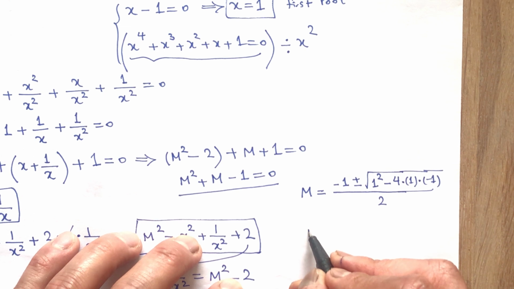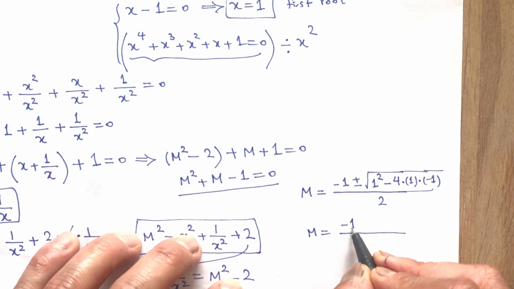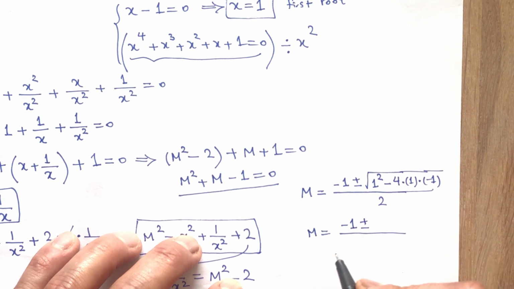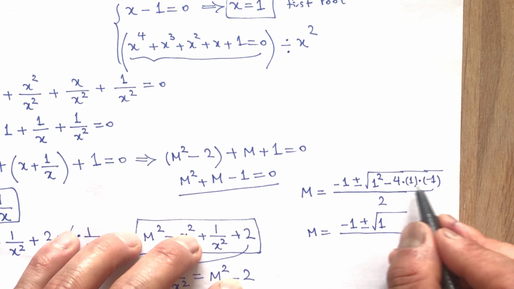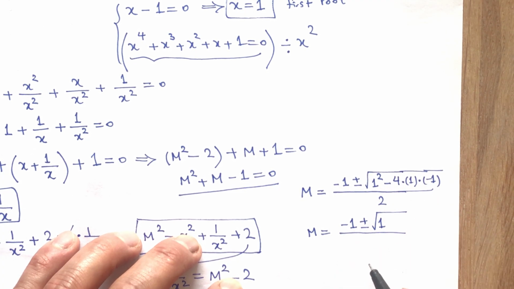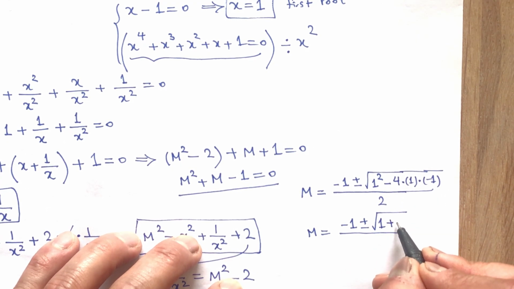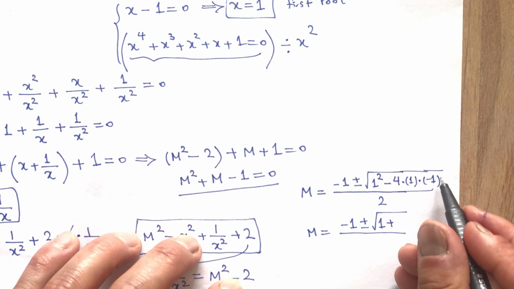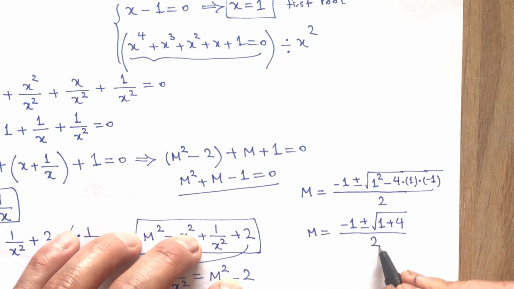So I can write the solution here. M equals to minus 1 plus minus square root of 1 minus times minus, because I have 2 minus here, they are multiplied with each other, it is plus, and 4 times 1 times 1 is 4, over 2.